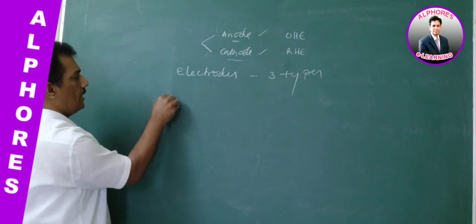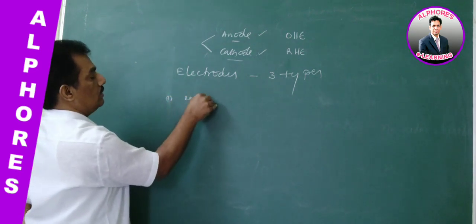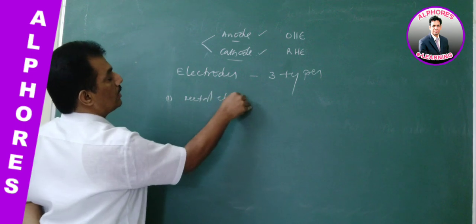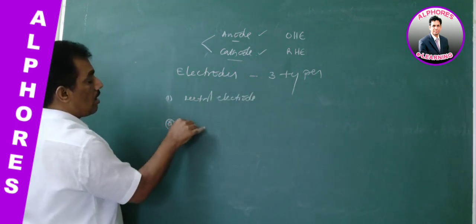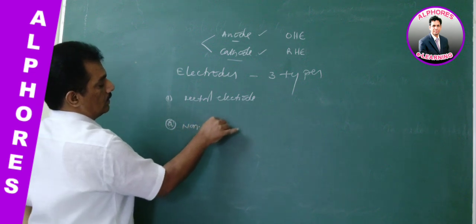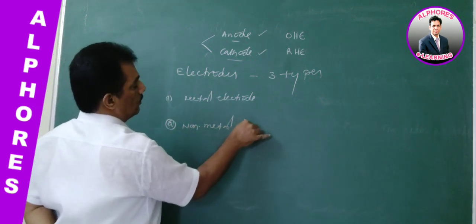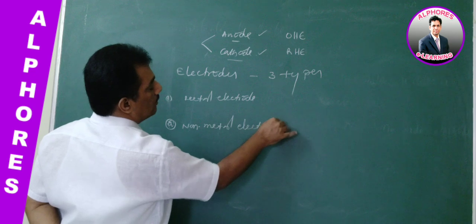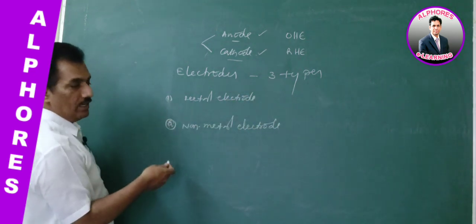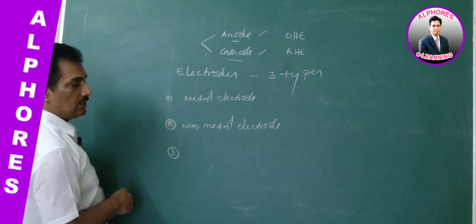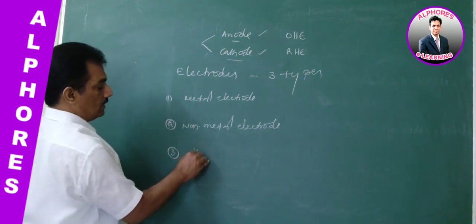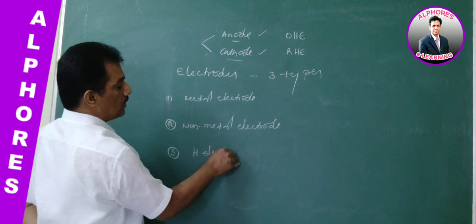One is the metal electrode, and the second one is the non-metal electrode. And the third one, actually these two kinds are sufficient, but why we are framing the third one to understand the subject is that it is a different one, that is nothing but the hydrogen electrode.